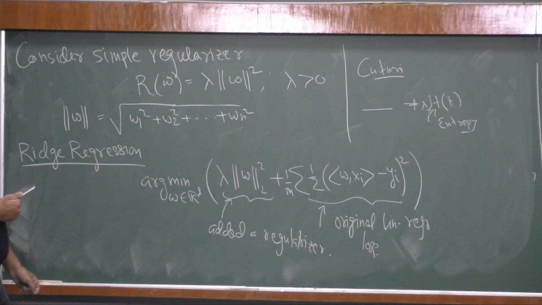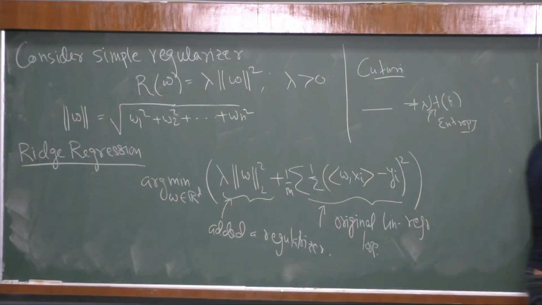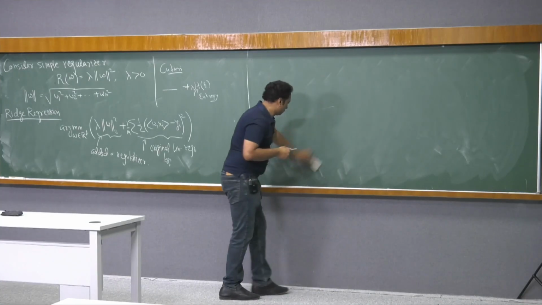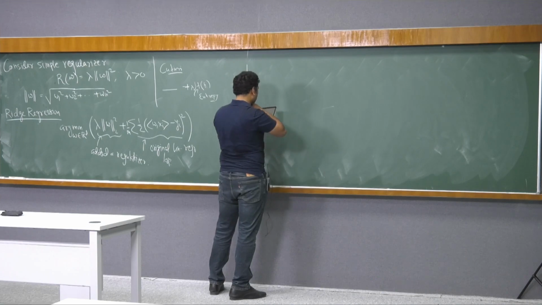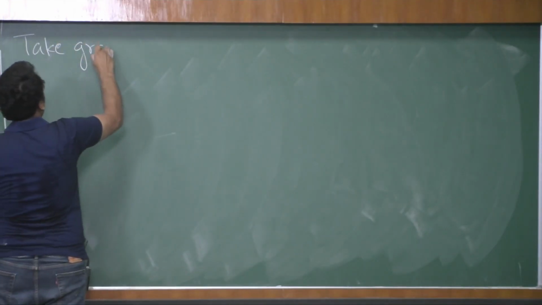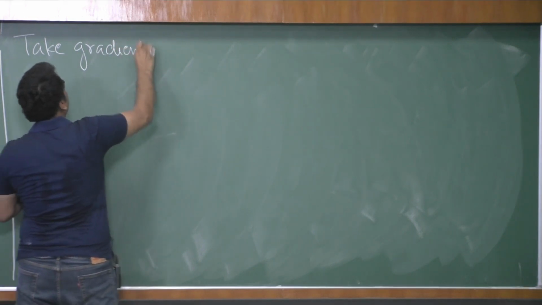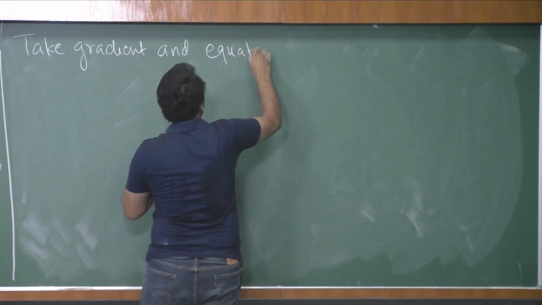So with this we will now write down the equations we are supposed to solve. We take the gradient, equate to 0, and from there we are supposed to solve for w.